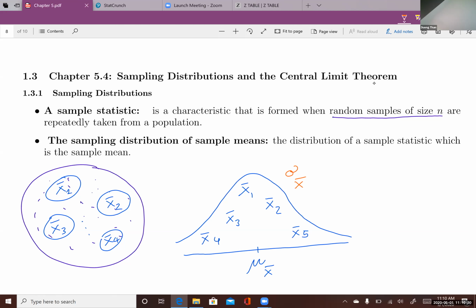Now, I will introduce a simulation that will help us imagine how sampling distributions relate to the distribution of the population.